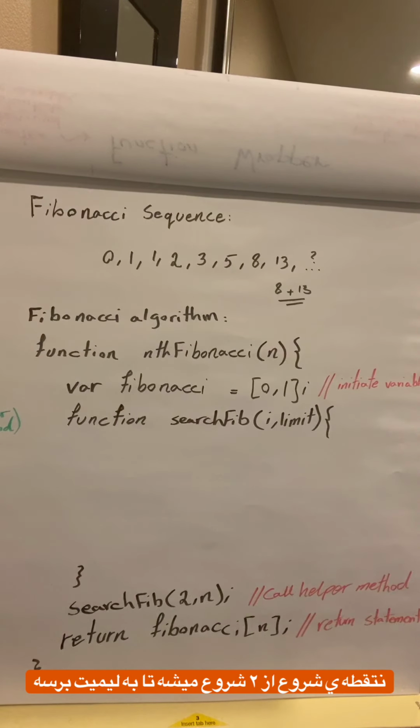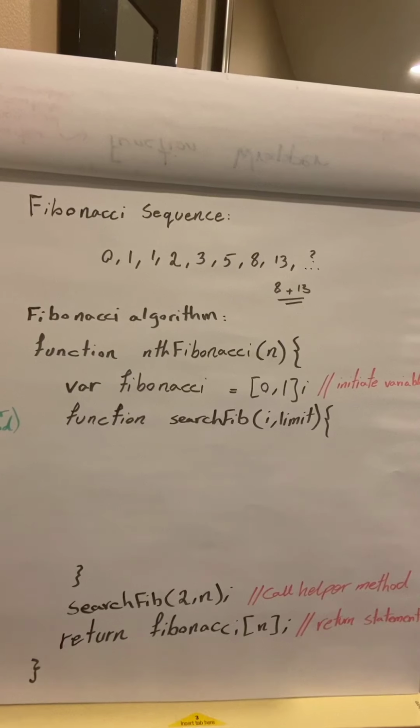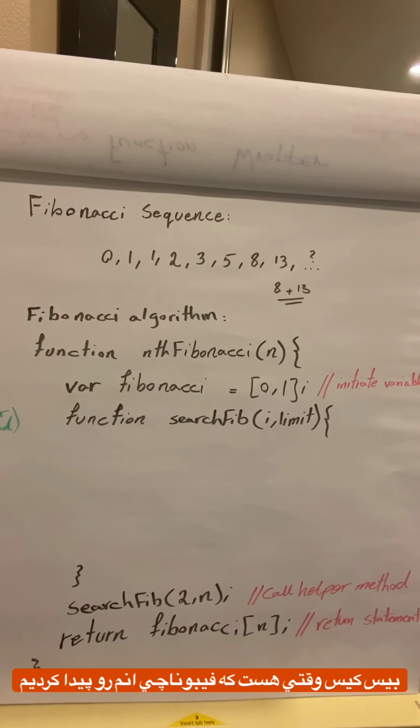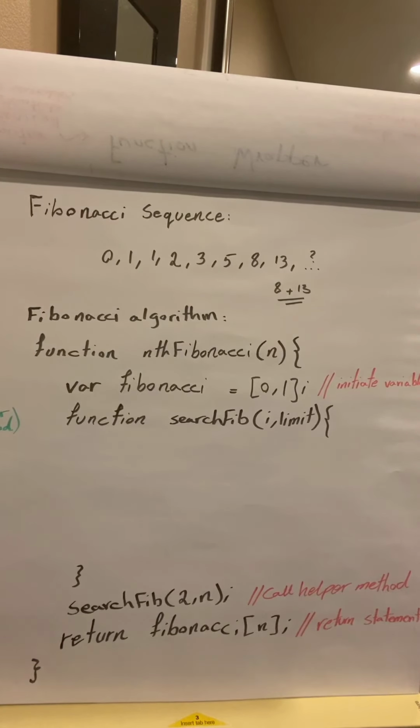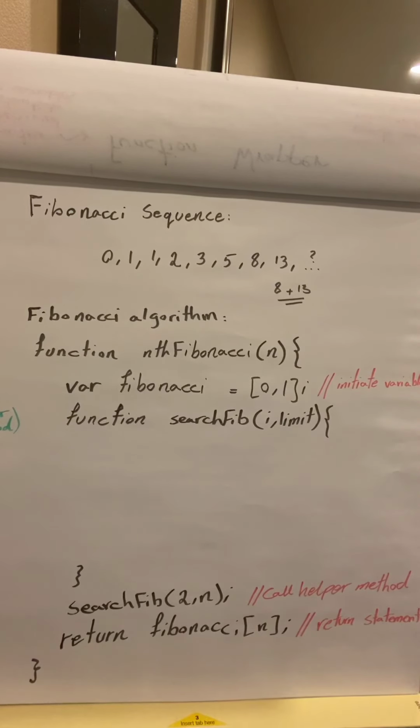So the starting point is going to be incrementing up from 2 until it reaches the limit n. So next we need to come up with our base case. The base case here is when we have found the nth Fibonacci term. Therefore, if our pointer I that was counting up until it reaches a limit becomes greater than the limit, then we can return out.